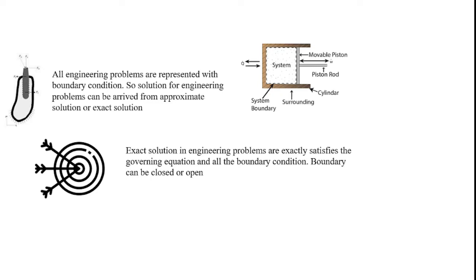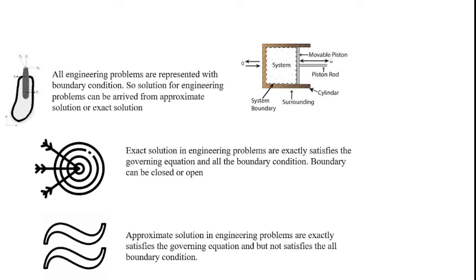In the exact solution method, the problem satisfies the governing equation formulation and all the boundary conditions, whether open or closed, giving the solution to the requirement. So in an exact solution, both conditions must be satisfied: the governing equation and the boundary condition.